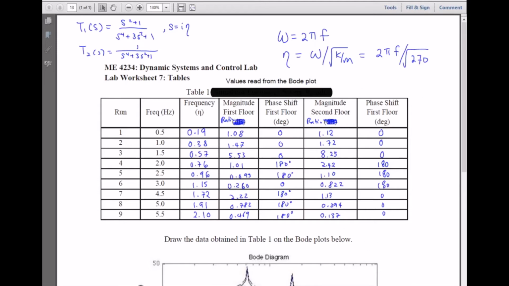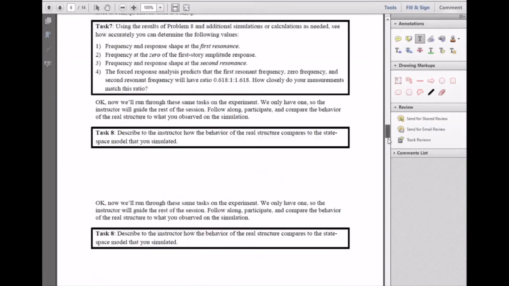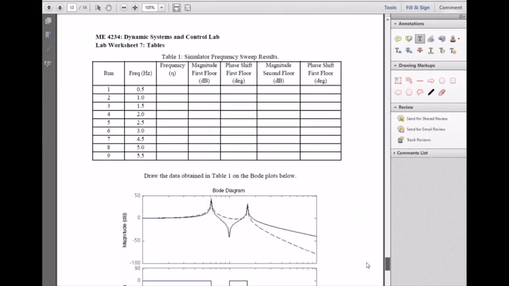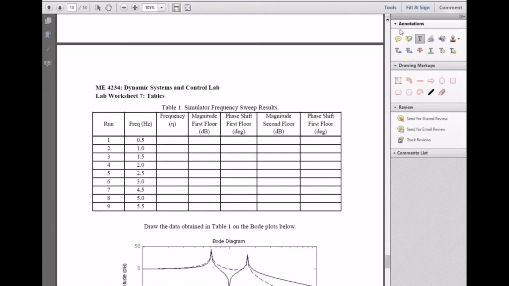So I'm going to compare the calculated numbers with what we get now. Okay, so going back to the worksheet, I'm supposed to fill out, or you're supposed to fill out, this table right here.